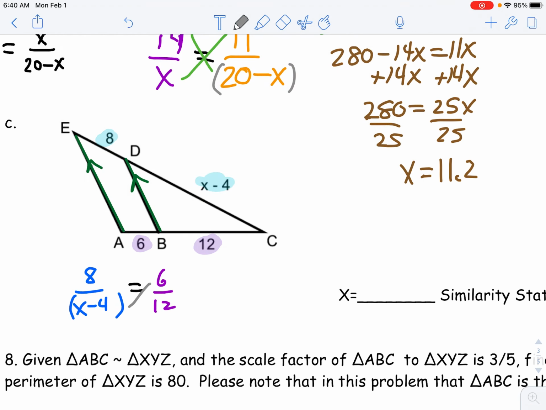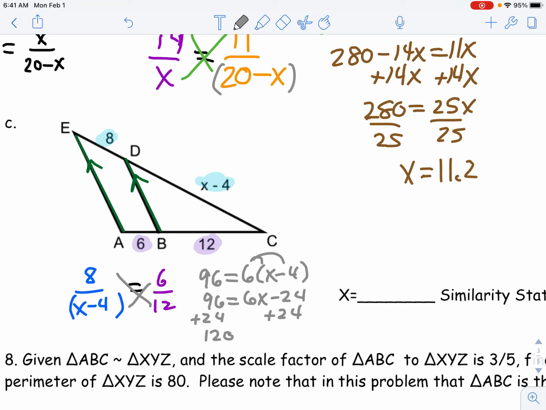Okay, cross multiply, we're going to get 96 equals 6 parentheses x minus 4. Distribute, 96 equals 6x minus 24. Add 24 to both sides. 120 equals 6x. Divide both sides by 6, and x equals 20.